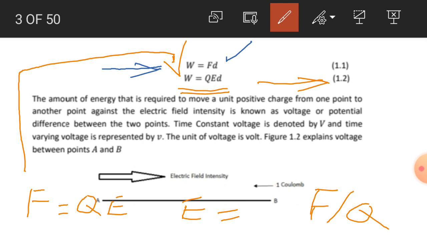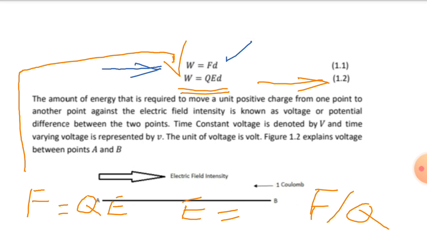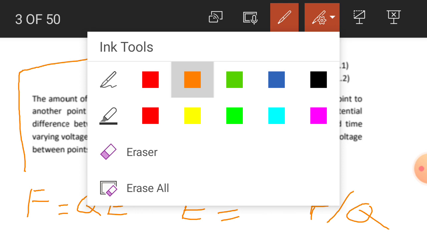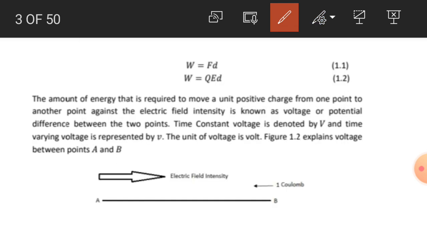Well, let us talk about the voltage or the potential difference between 2 points. So we consider an electrical field in this particular region.